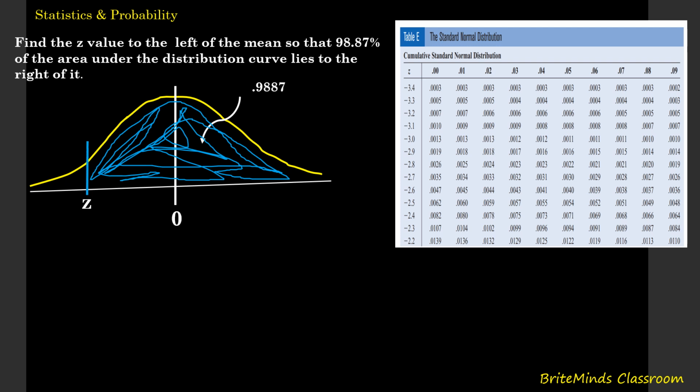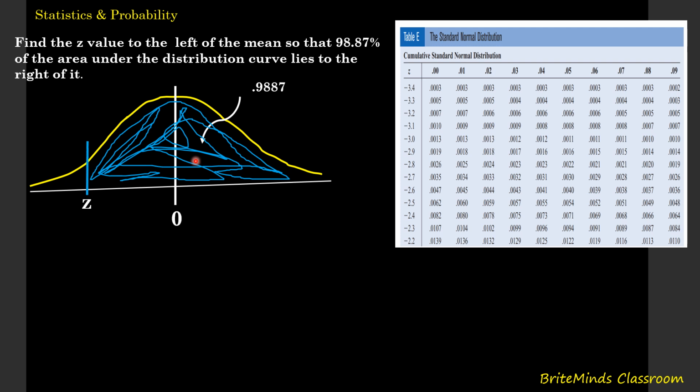According to our procedure table, any area that is located to the right of any z value, we will subtract the area from 1.